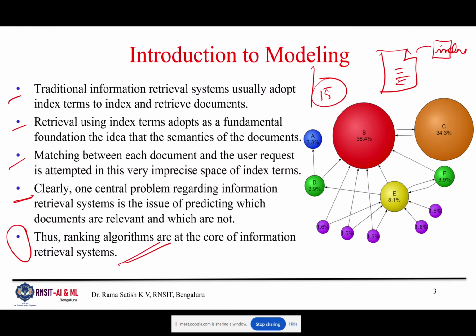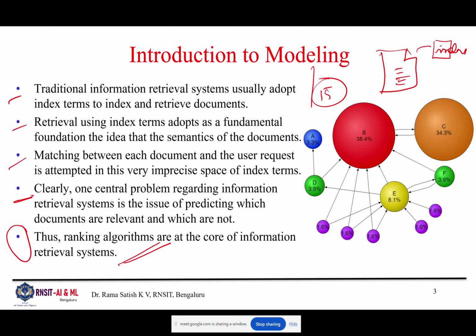A distinct set of premises regarding document relevance yields a distinct information retrieval model. The information retrieval model adopted determines the prediction of what is relevant and what is not relevant. So that is to be discussed by this system.